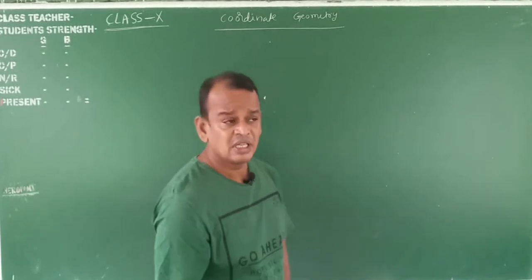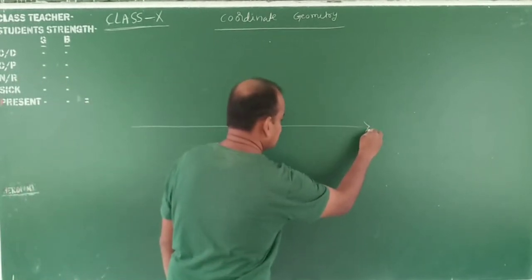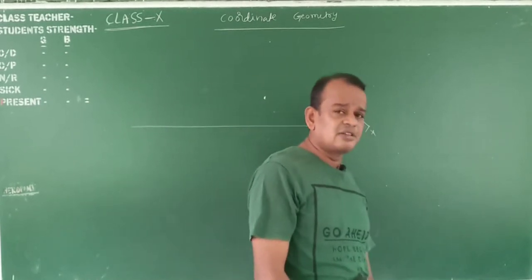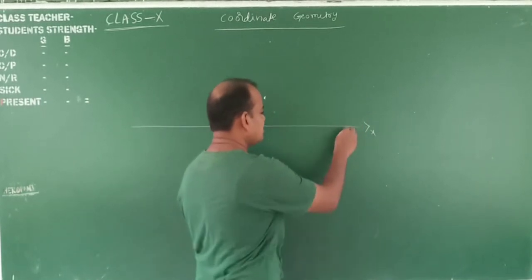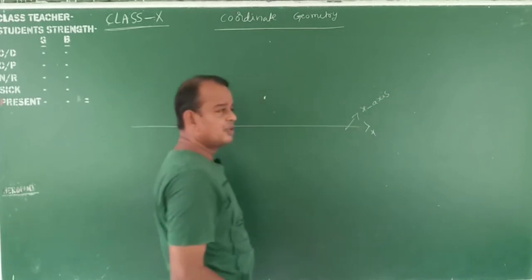Okay, my dear students. Now this is the horizontal line. Observe that. In a plane, the horizontal line is called the x-axis.